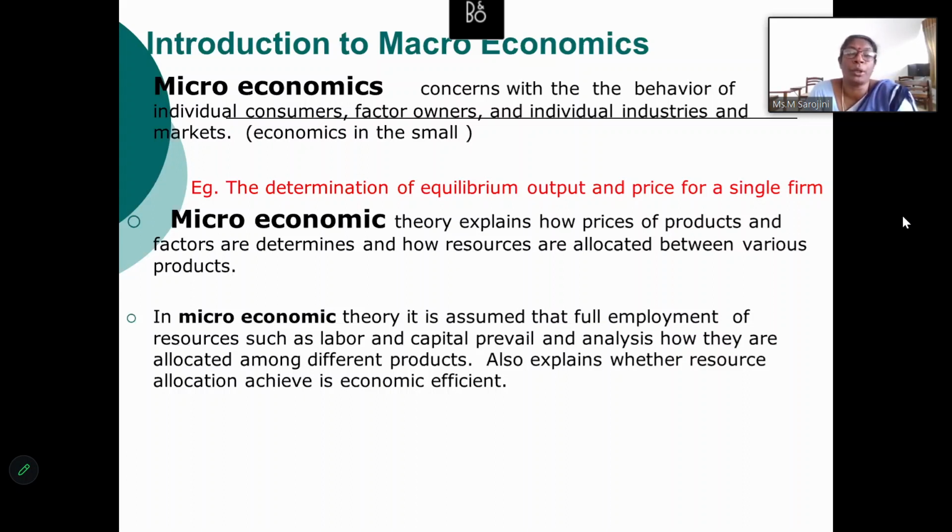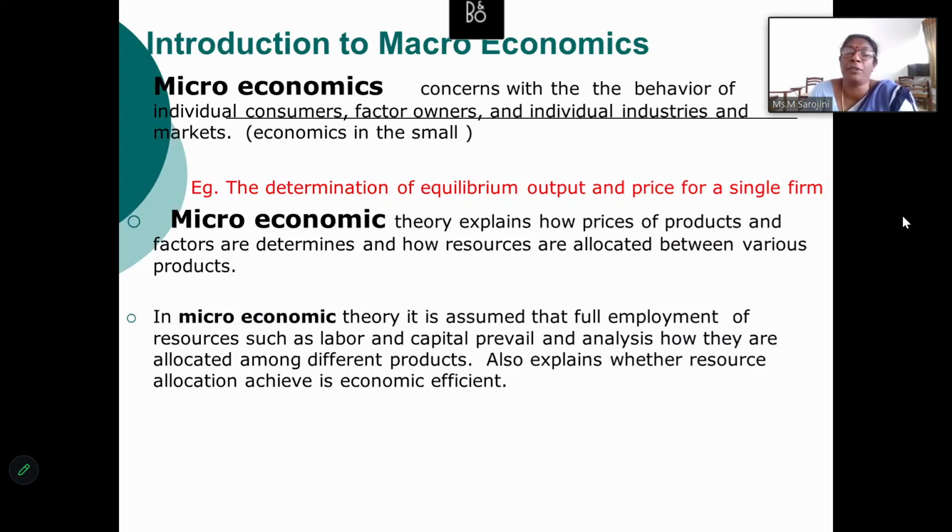Or also, we can further elaborate the determination of equilibrium output and price for a single firm. Right, in your first year, you learned the determination of price and quantity in a product market.